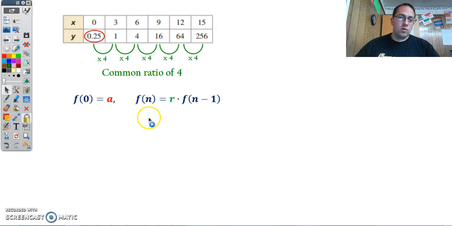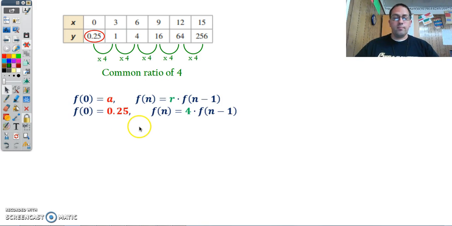So what's our equation? We take the a, we take the r, and we plug them in. There it is. All right. So f of 0 is 0.25, and f of n equals 4 times f of n minus 1. Notice the stuff in blue here, this f equals f of whatever, that stays the same. Now, how can I take this and write it as an exponential function?